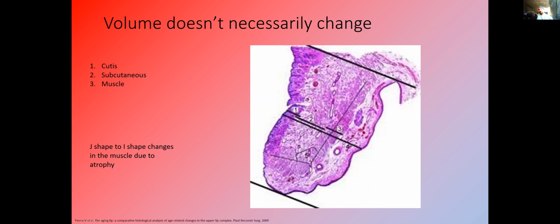So it starts up here, and as the lip comes down, it rolls out like this. This is the bottom of the J. But as we age, this little leg of the J, guess what happens? It comes backwards and it straightens out. So this J shape of the muscle becomes an I shape. And so the muscle is basically atrophying. It's getting smaller as we age. But the volume of the lip doesn't necessarily change.